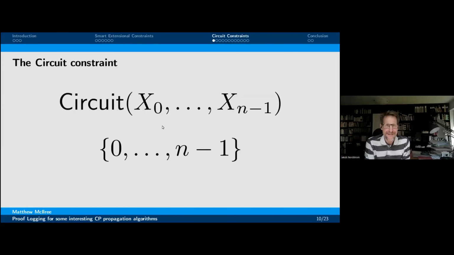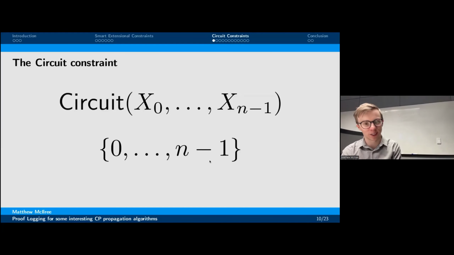No spoil? Okay, so coming back to our next constraint and final one of this more technical discussion, the circuit constraint, like I said in the original talk, is a graph constraint. We'll say it's on n variables, and we imagine every variable has the domain 0 to n minus 1. So they can all effectively encode the index of any other variable in this set.